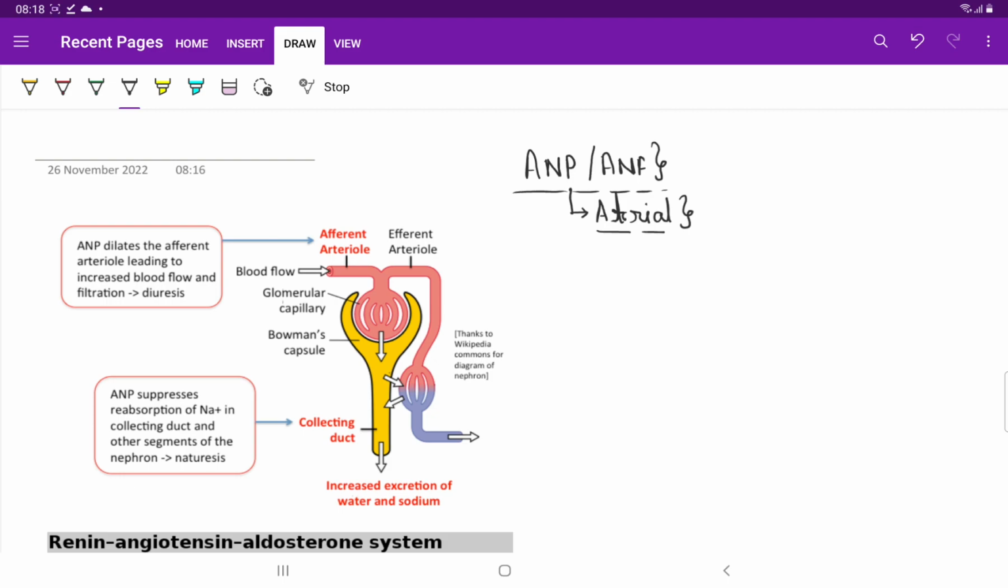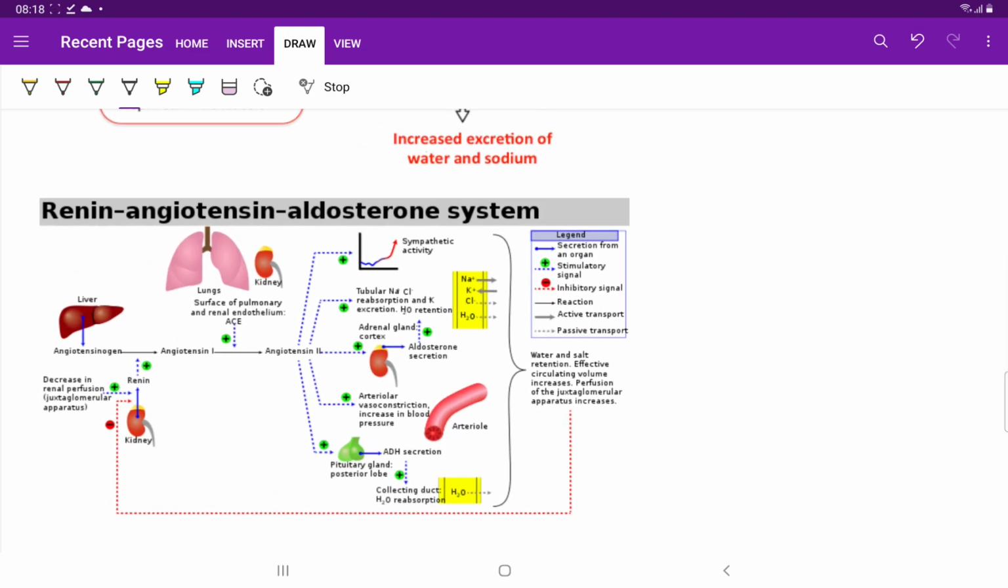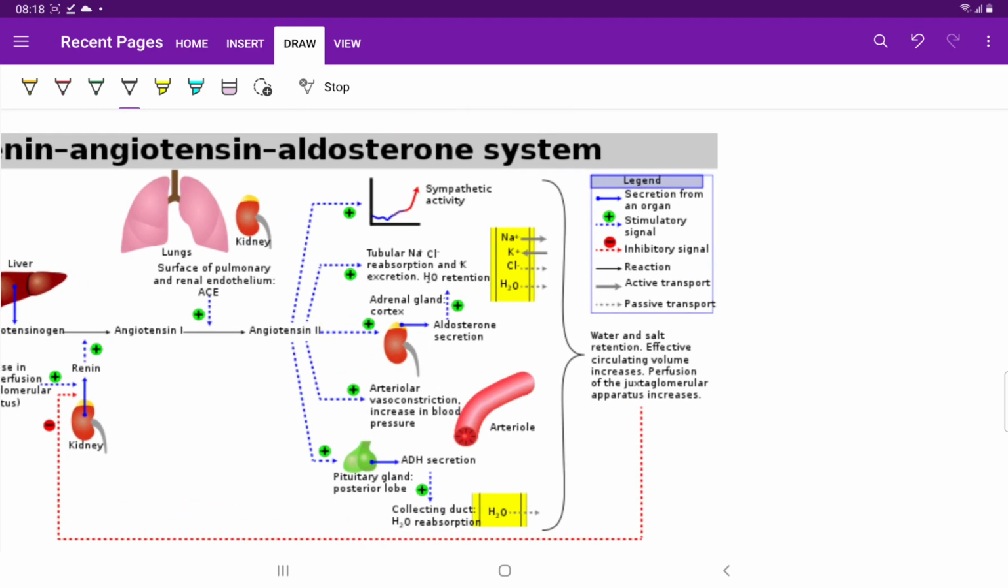Before going to atrial natriuretic peptide, let's talk about the renin angiotensin system. In the last video we already discussed what the renin angiotensin system is. Juxtaglomerular cells secrete renin, which ultimately causes formation of angiotensin II. And what does this angiotensin II do? It increases blood pressure.